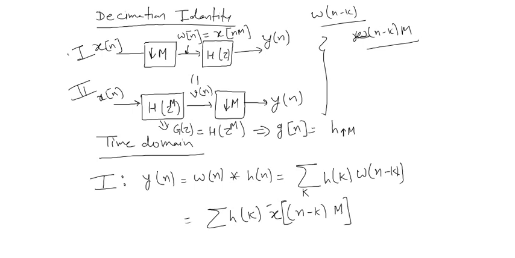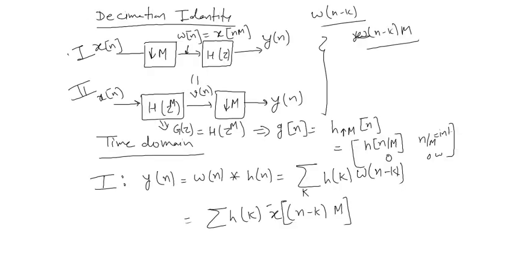So when we interpolate, what will be the equation? Whatever the h of n is given to us, that is replaced by h of n by m, provided n by m should be an integer, otherwise it is 0.